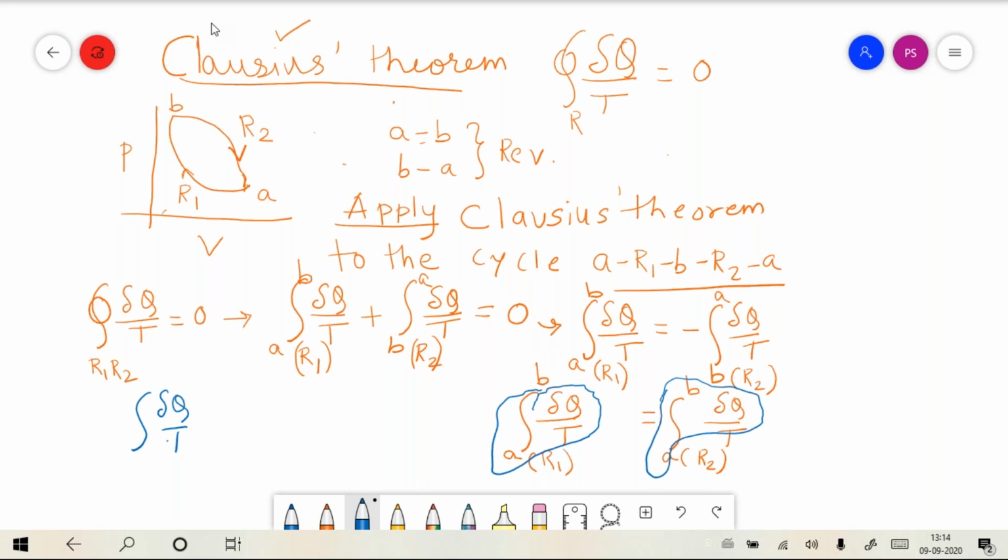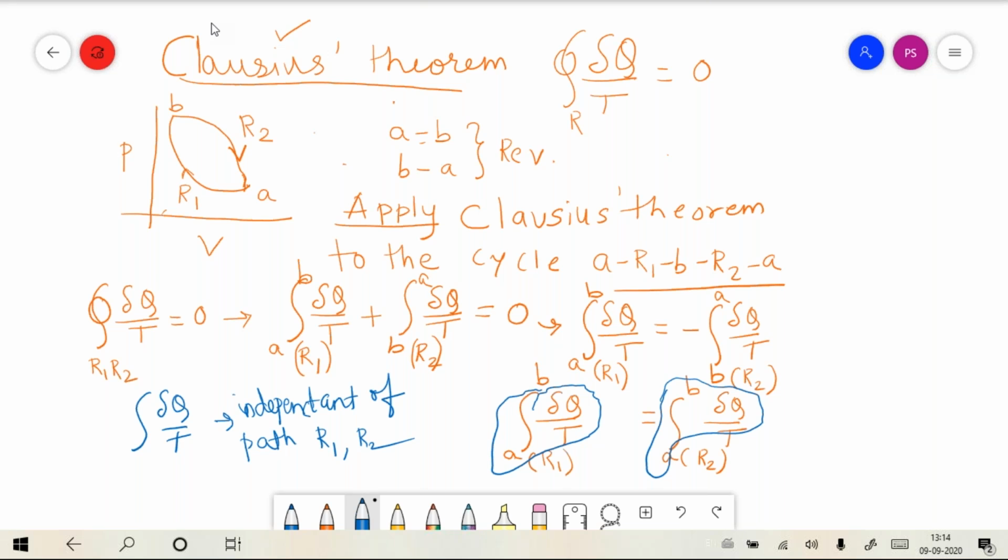Whether you are moving by reversible path R1 or R2 or whatever, as long as the initial and final states are the same, this term is not going to change. This term would be the same.